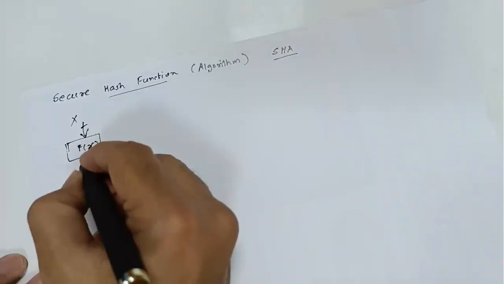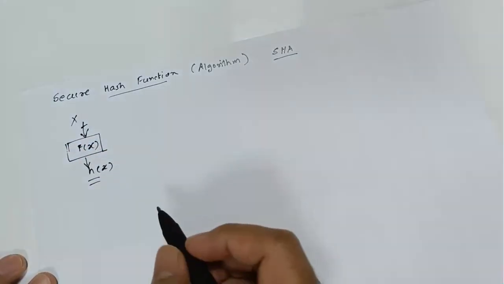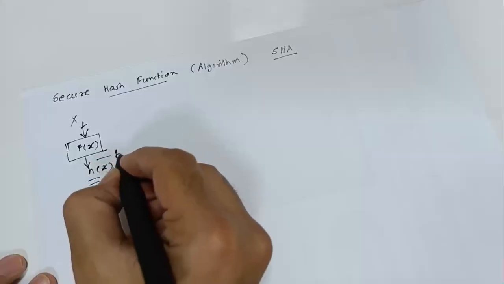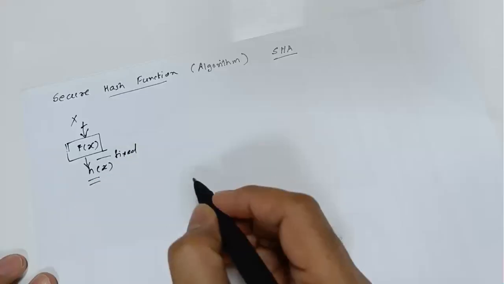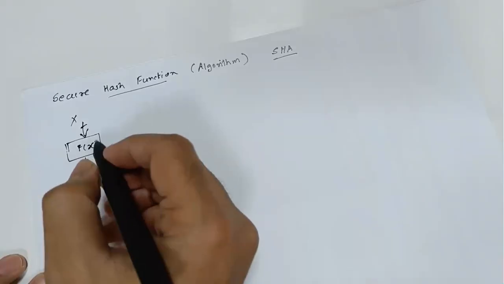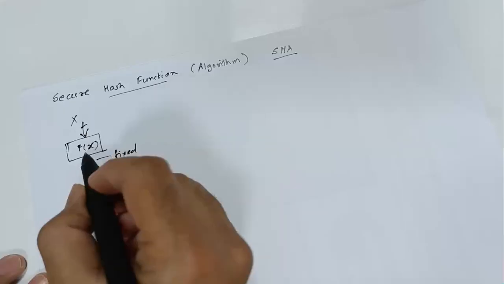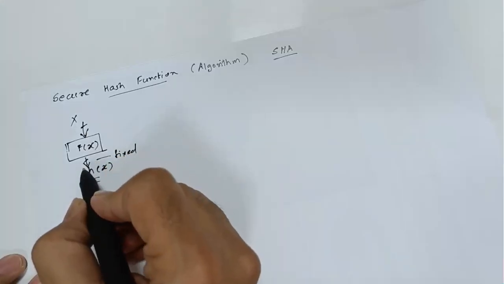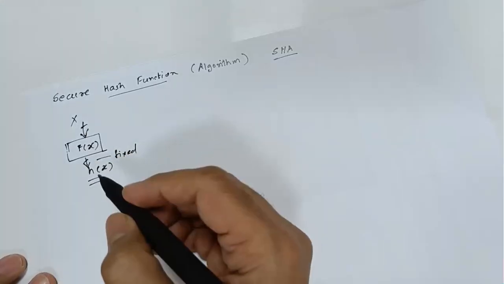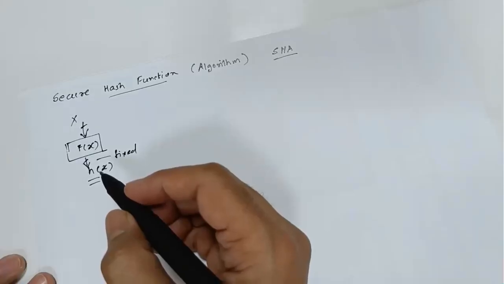And then you produce a hash which is of fixed size. So whatever the size of the input is, it doesn't matter. This function has to produce the same size of the hash all the time.